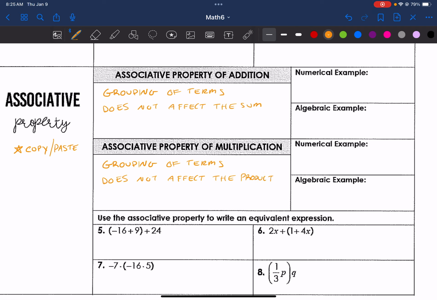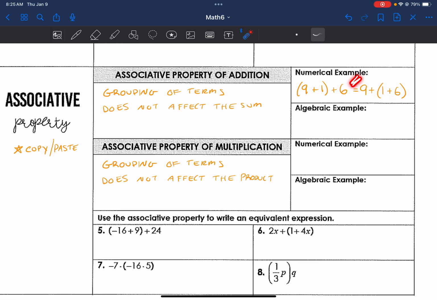So if I have 9 plus 1 plus 6, and I'm telling you, hey, I want you to do the 9 plus 1 first. Or I could have 9 plus 1 plus 6. I want you to do the 1 plus 6 first. So we move the parentheses from here, and then we're like, no, we're going to put it here. And the reason we can move it around is because everything is addition.